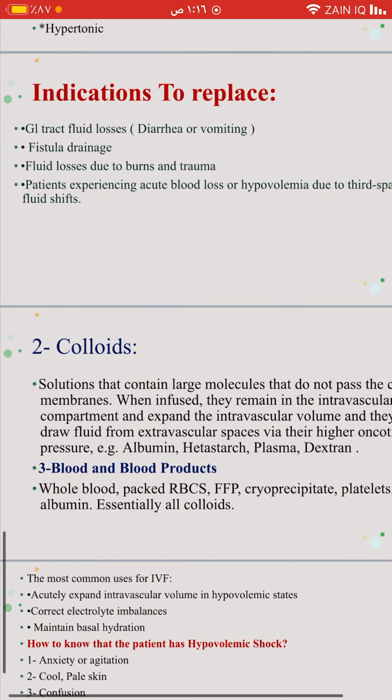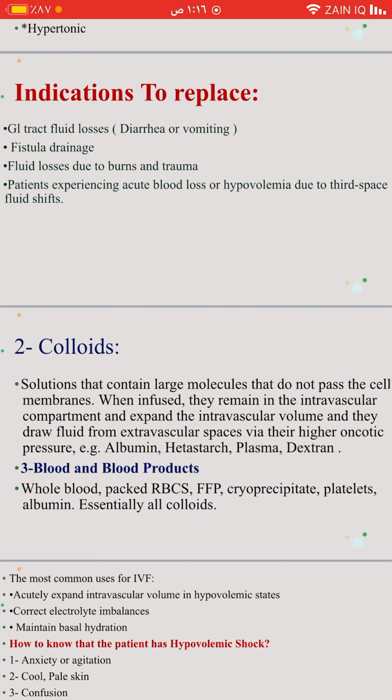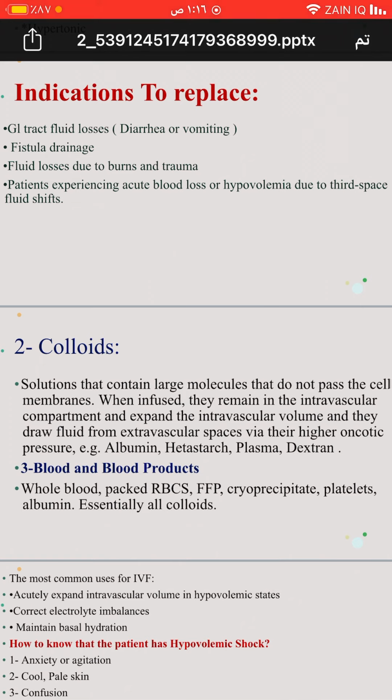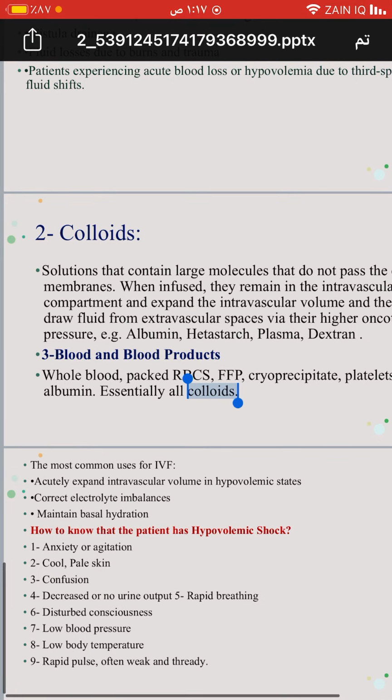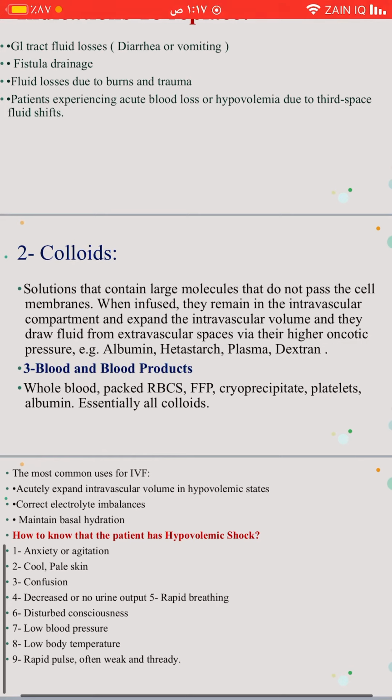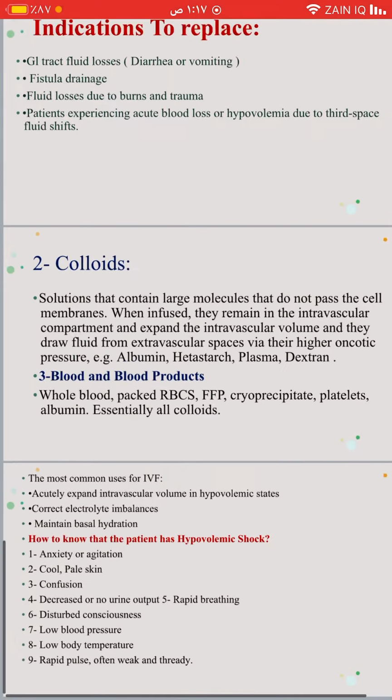When infused they remain in the intravascular compartment and expand the intravascular volume, and they draw fluid from the extravascular space by their higher oncotic pressure: الألبومين والبلازما والدكستران. ونجي للسلايد اللي بعده اللي هو البلود اند بلود برودكت: الوول بلود، الباكد ار بي سي سيل، والاف اف بي، والبليتلس، والالبومين.